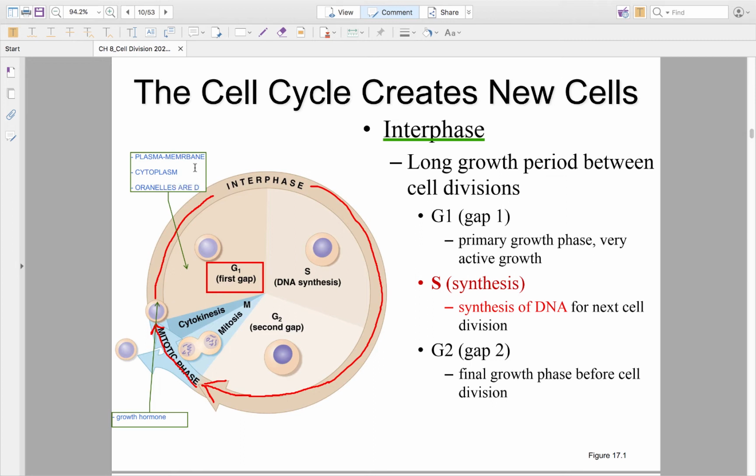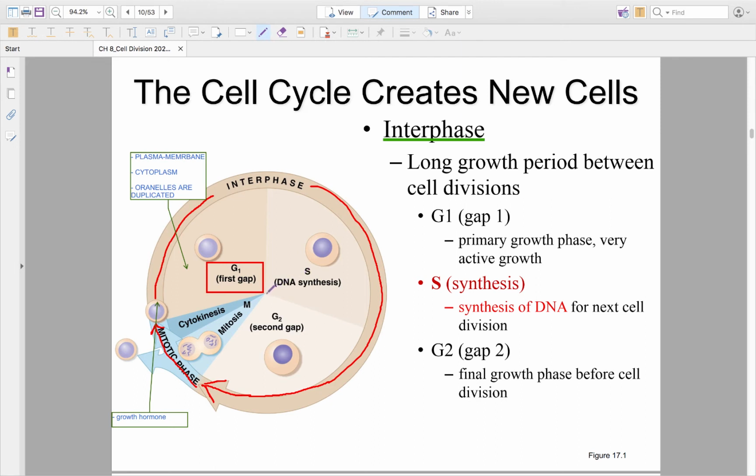all of them, are duplicated. Everything. I mean, the rough ER, the smooth ER, all of the mitochondria, the Golgi, all of these have to be copied, because at the end of the cell cycle, we're going to get two identical cells. How do you get two identical cells? Well, you have to copy everything, and I mean everything. So all of the cytoplasm, the cell membrane, all the organelles, proteins, etc. are going to be duplicated in G1.